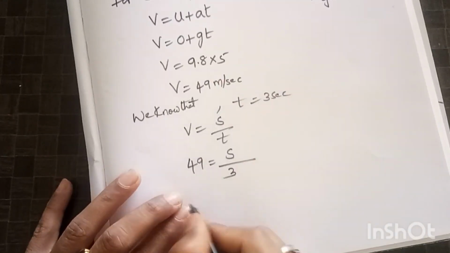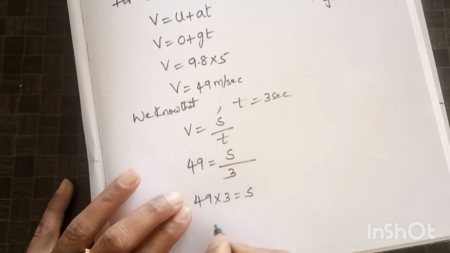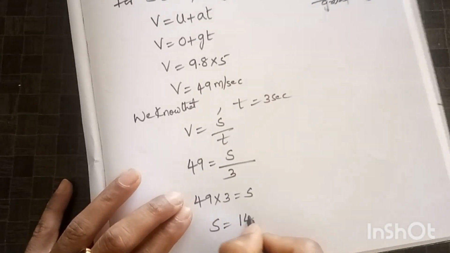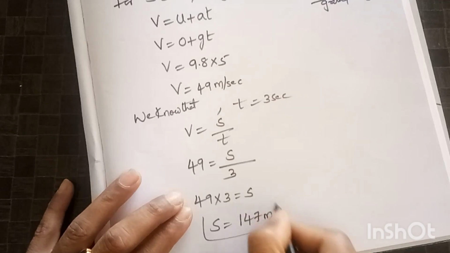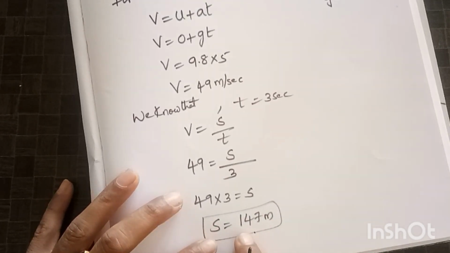So 49 into 3 is equal to s. So s equals 147 meters. So the distance traveled for the next 3 seconds is 147 meters.